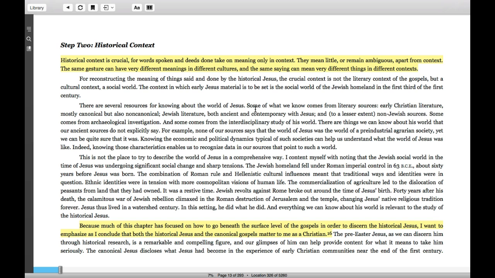We not only have to understand the Gospels, but we also have to understand the historical context. We have to try as best we can to understand the historical context of Jesus' life. What was the Jewish world? What was Jewish literature? What was the Jewish expectation?